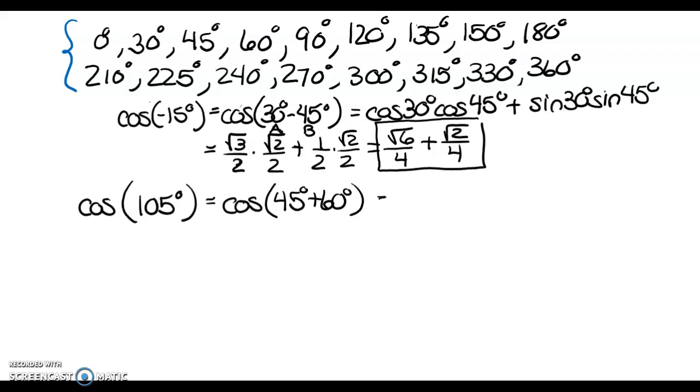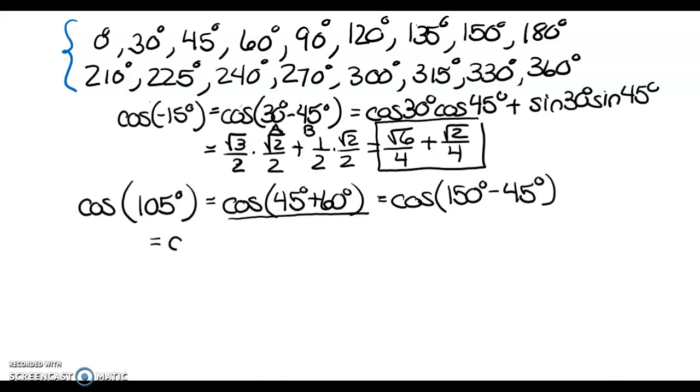What else could I do? I could do a difference and say the cosine of 150 degrees minus 45 degrees. Any of these work, okay? And there are other possibilities that we can use as well. But I'm going to do my example using this one.